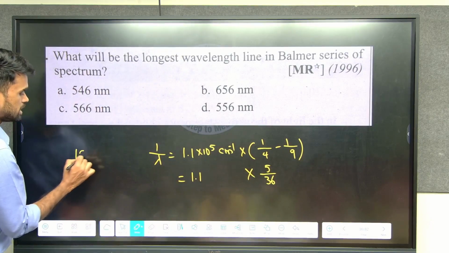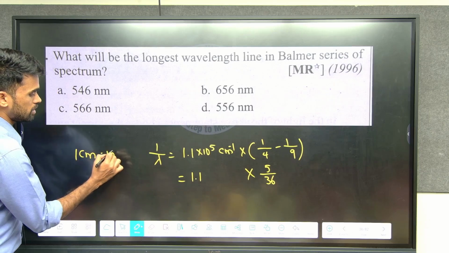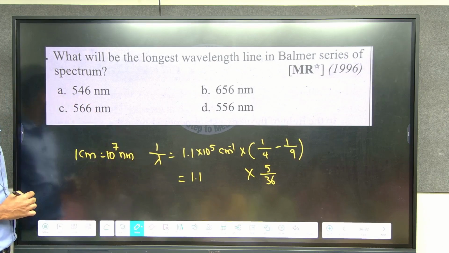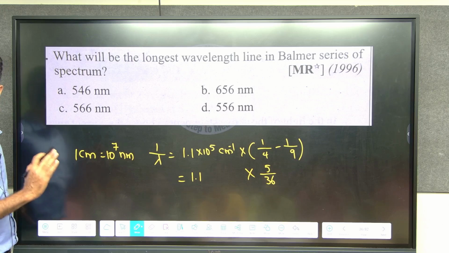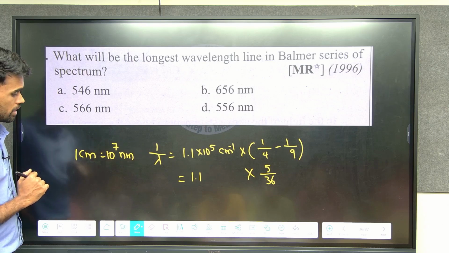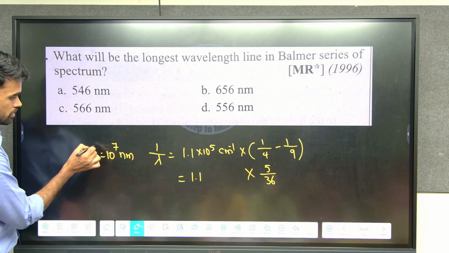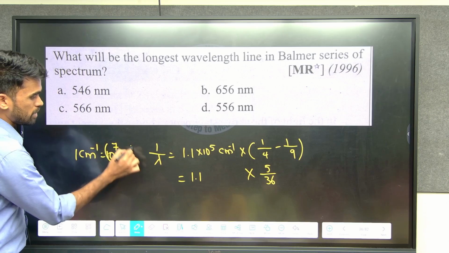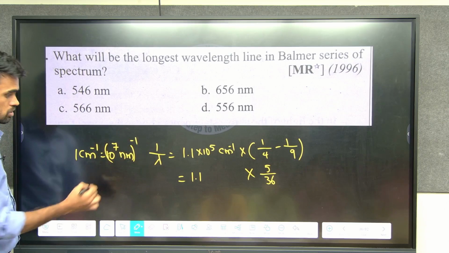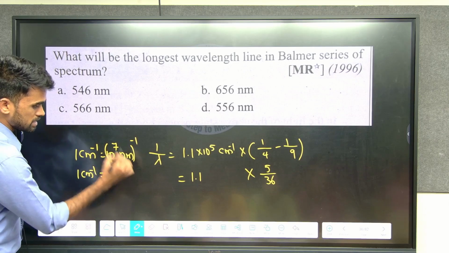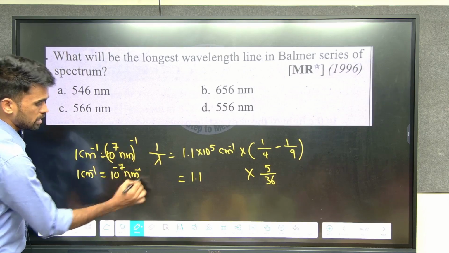Next, this one, 1.1. See, 1 centimeter is 10 power 7 nanometers. Okay, so now if this is 1 centimeter inverse, this should also be inverted. So how much will it be? 1 centimeter inverse means 10 power minus 7 nanometer inverse.